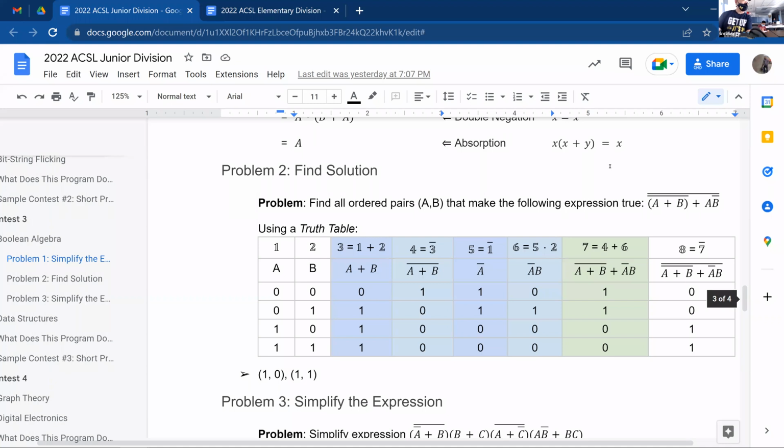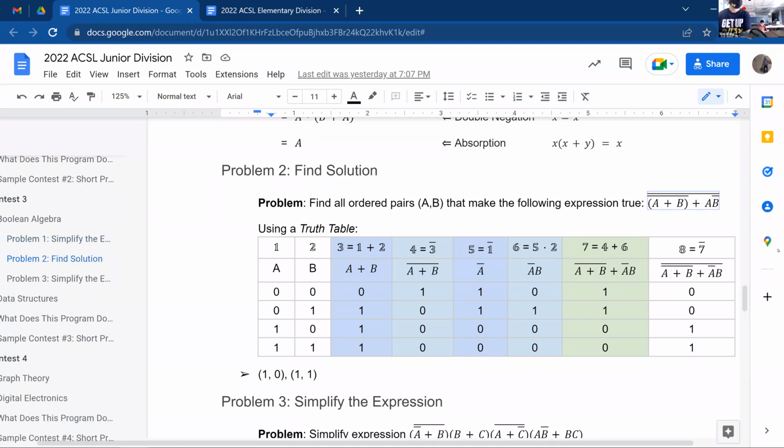I could probably do it now. So this expression is actually like that, right? That's what's here.